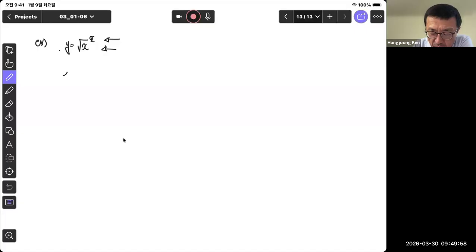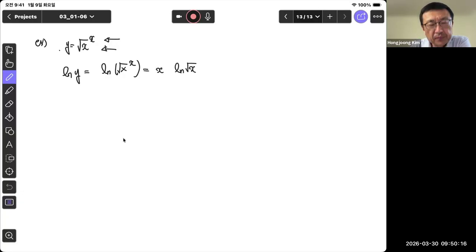So you take ln y equals ln of the right hand side. Then you move the exponent to the front to get x times ln of square root of x.